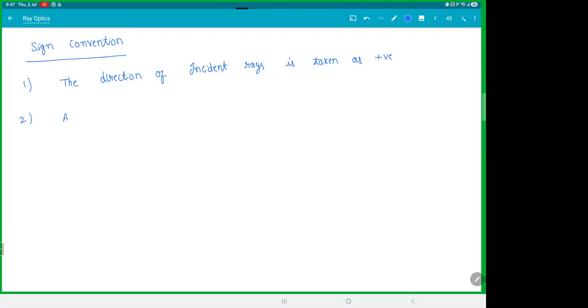Second thing, all distances are measured from the pole or the optical center of the lens. All distances above the principal axis are positive. All distances below the principal axis are negative.